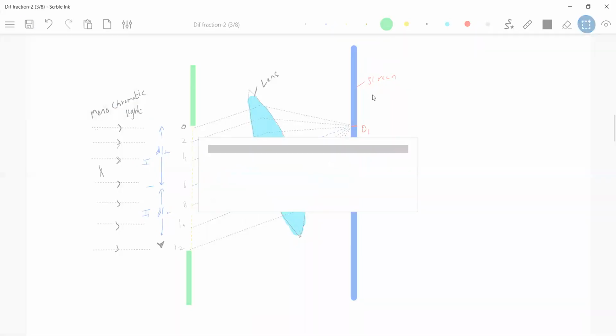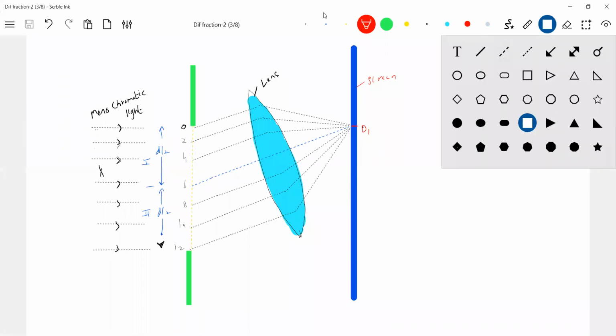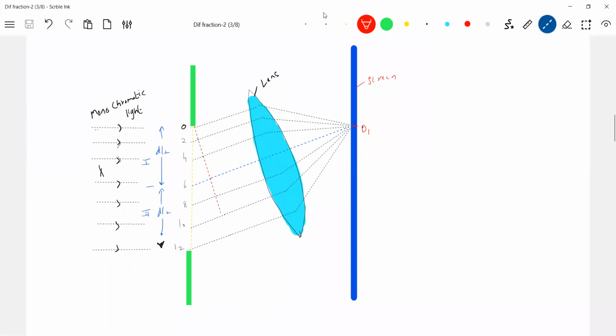So I'm going to break up the slit into two parts. Let me define this angle as theta.